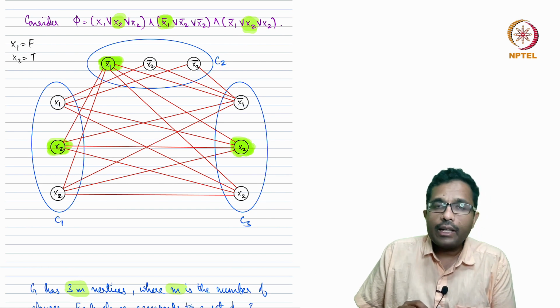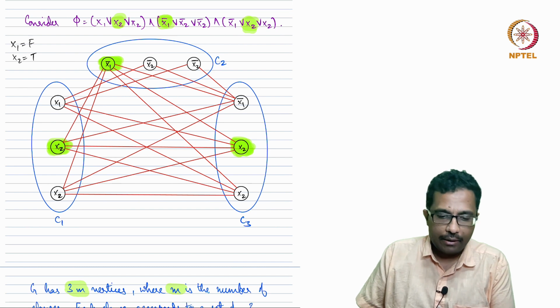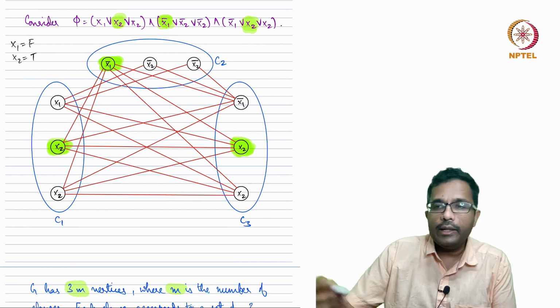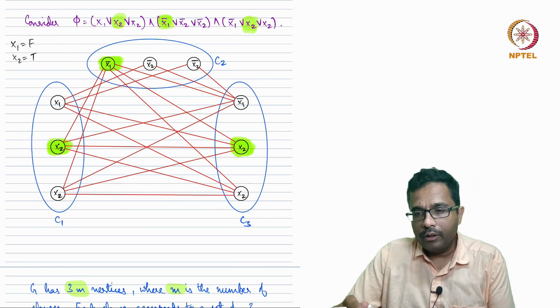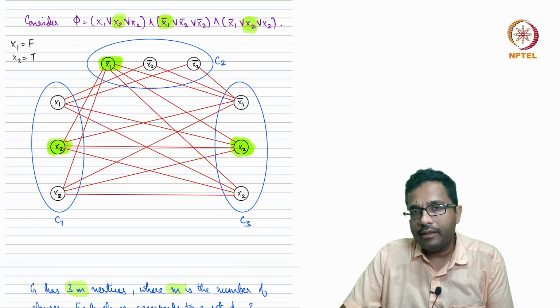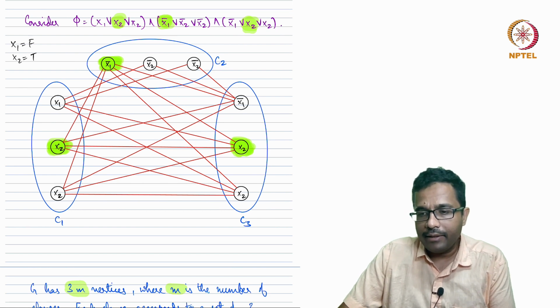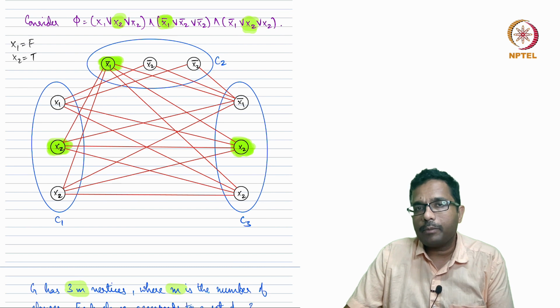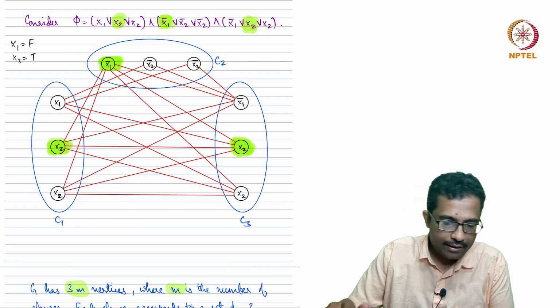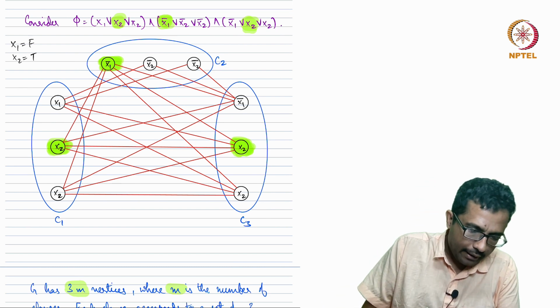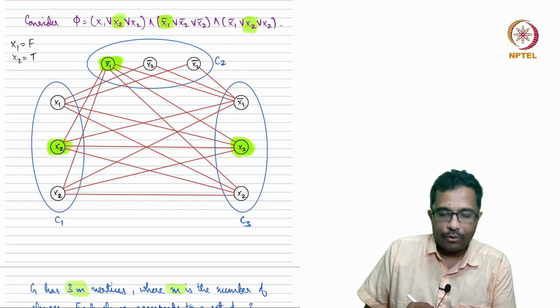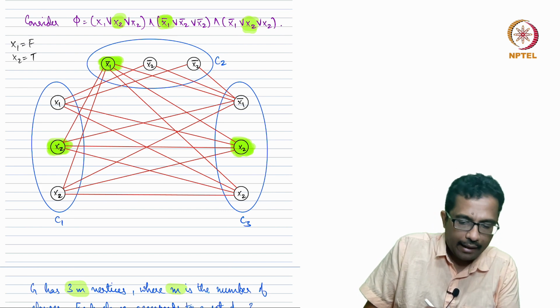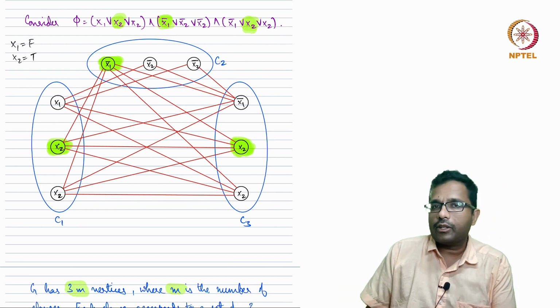But then we cannot have xi and xi complement because we pick true literals from each clause. So if our assignment xi was true, then xi will be the true literal, xi complement will not be the true literal. So if we picked x2 here, x2 complement will not be true, right? So we cannot pick xi and xi complement from two different clauses.